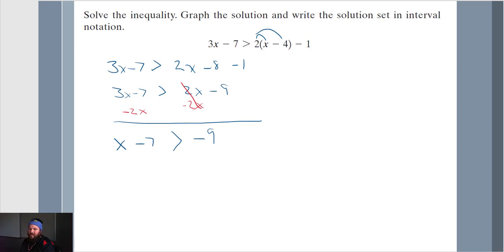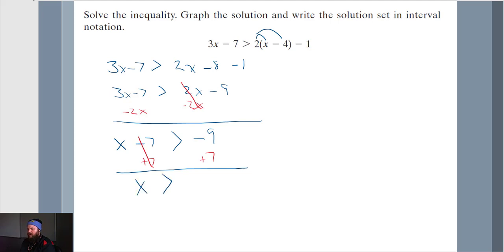Now let's go ahead and add 7 to both sides. If we add 7 to both sides, on the left hand, negative 7 plus 7 goes away, and we're left with x.